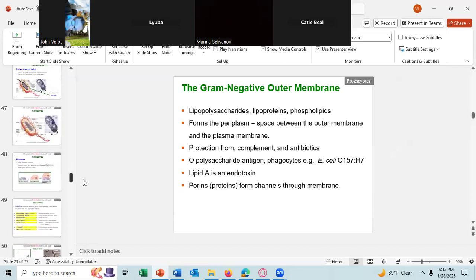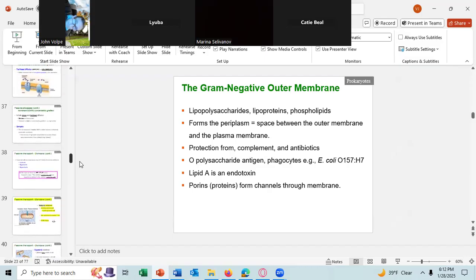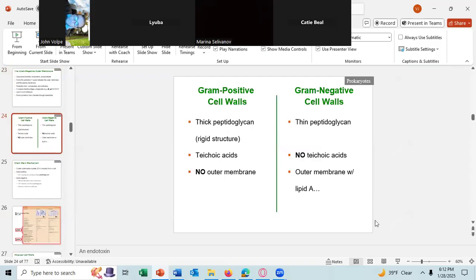I guess I'll go a little further. Here's a comparison of the gram-positive cell wall. Thick peptidoglycan, a rigid structure. The gram-negative cell wall, a thin peptidoglycan, not as rigid. It is rigid, but not as rigid as gram-positive. We find teichoic acid in gram-positive cells. There's no teichoic acid in a gram-negative cell wall.